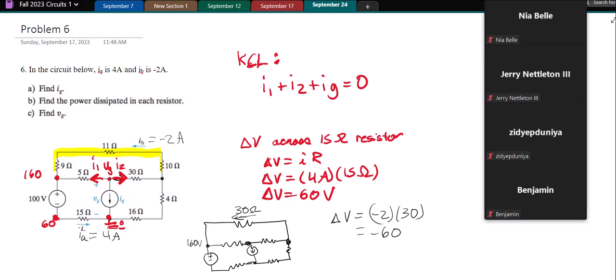We want to be careful about what that means in terms of how we actually label it. The current is negative 2 amps.